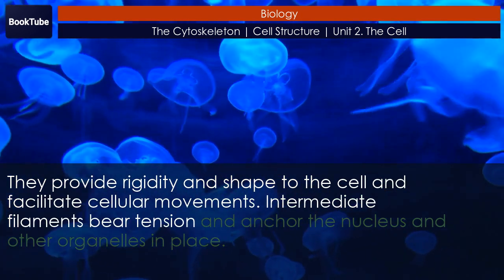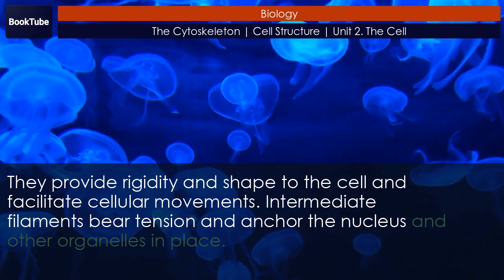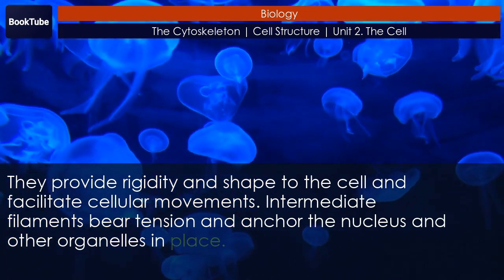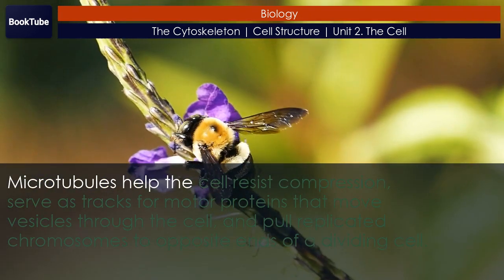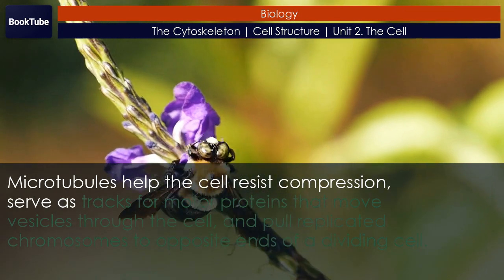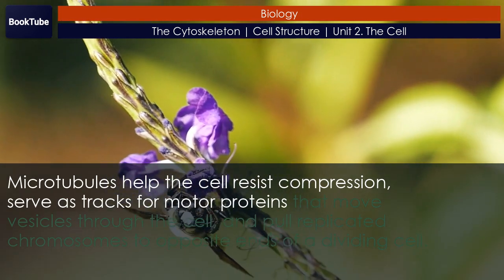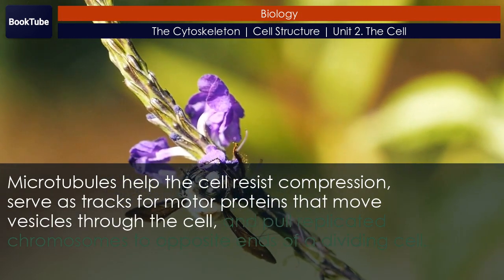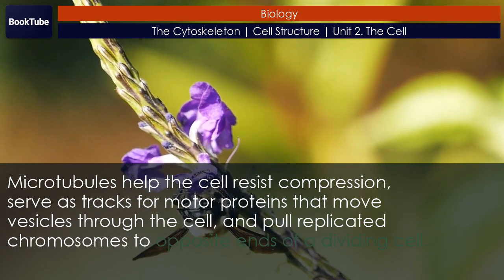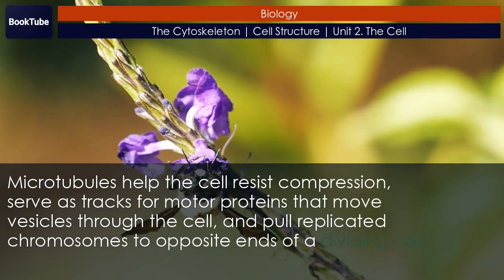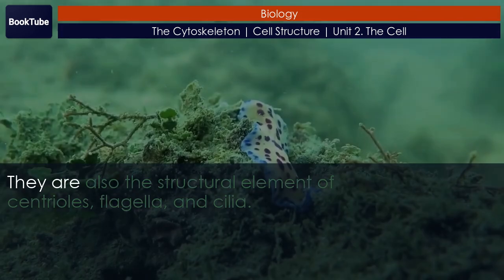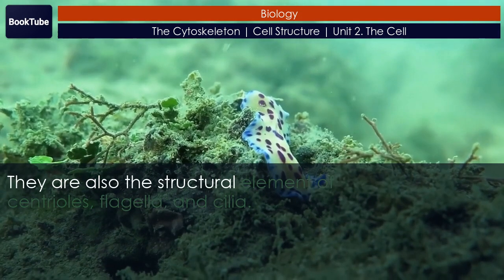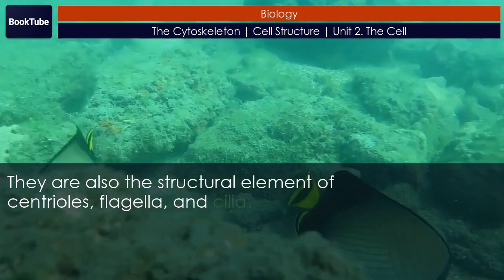Intermediate filaments bear tension and anchor the nucleus and other organelles in place. Microtubules help the cell resist compression, serve as tracks for motor proteins that move vesicles through the cell, and pull replicated chromosomes to opposite ends of a dividing cell. They are also the structural element of centrioles, flagella, and cilia.